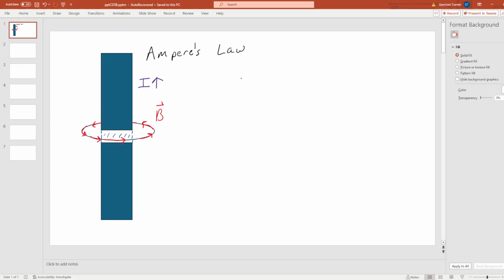So here's what Ampere's law says. Ampere's law says that the closed integral of the magnetic field B dotted with some path length dl is equal to the magnetic constant, or the permeability of free space, mu naught, times the current enclosed.